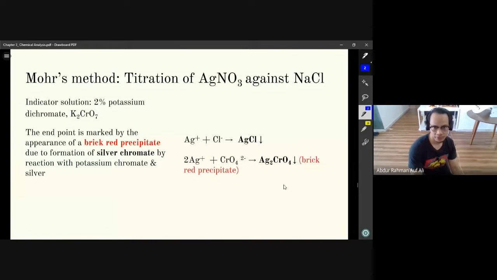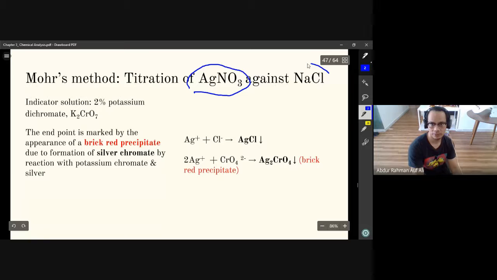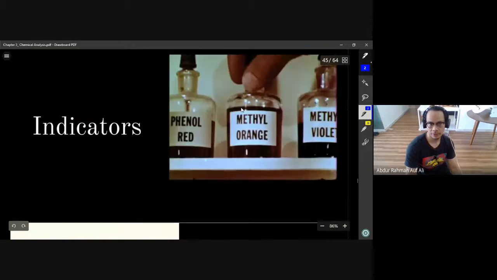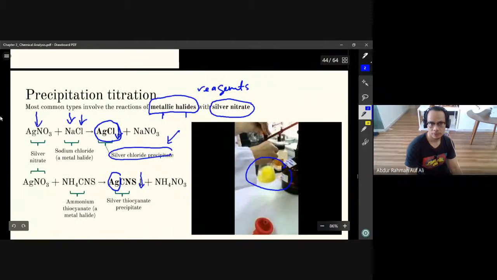Kalau kita titrate silver nitrate dengan sodium chloride, dia akan hasilkan AgCl. Okay, macam dalam equation kat atas tadi tu. So kat atas ni saya scroll balik atas. So kalau kita titrate silver nitrate dengan sodium chloride, dia akan hasilkan silver chloride.